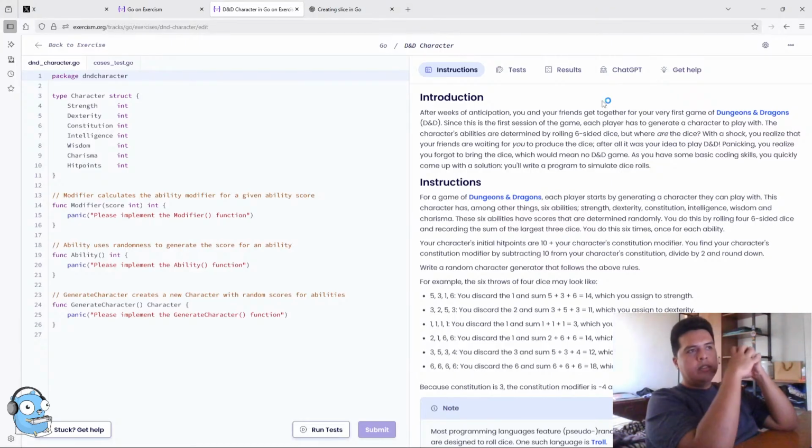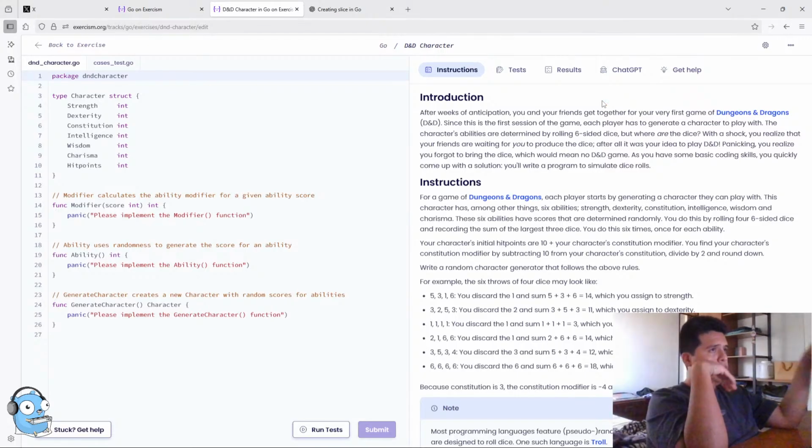After all, it was your idea to play D&D. Packing, you realize you forgot to bring the dice, which will mean no D&D game. As you have some basic coding skills, you quickly come up with a solution. You write a program to simulate dice rolls.